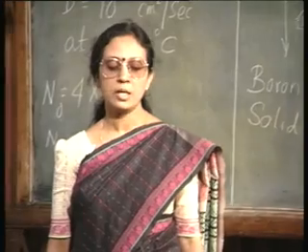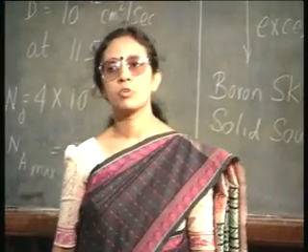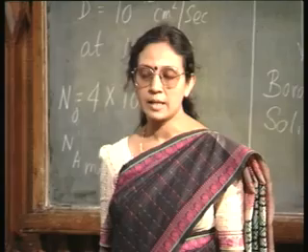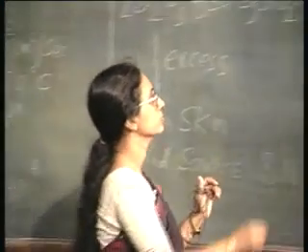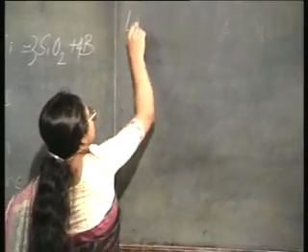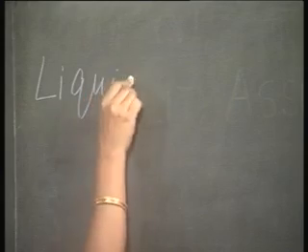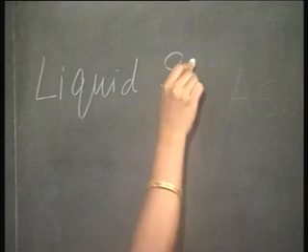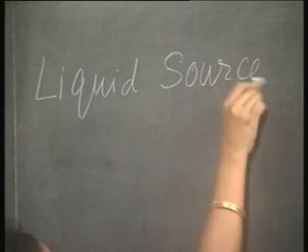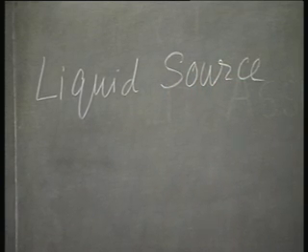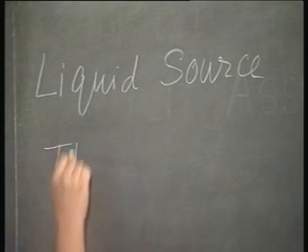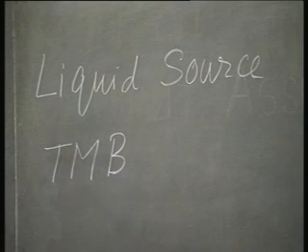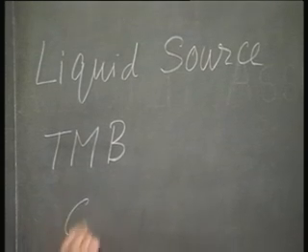Like for example, another quite common source for boron is a liquid source, and that is trimethyl borate. Trimethyl borate or TMB, commonly called TMB, trimethyl borate. Okay. It has 3 methyl groups.